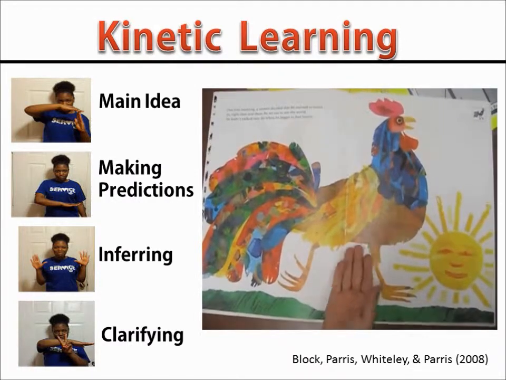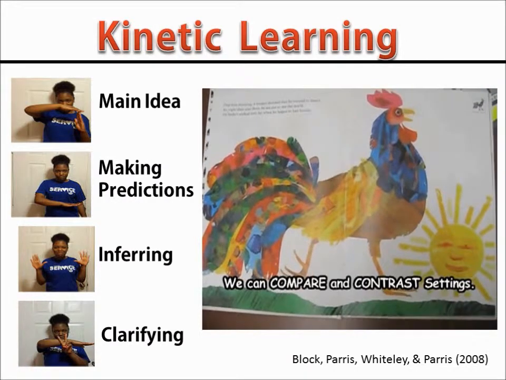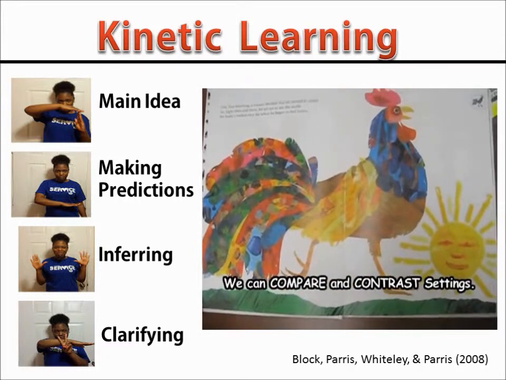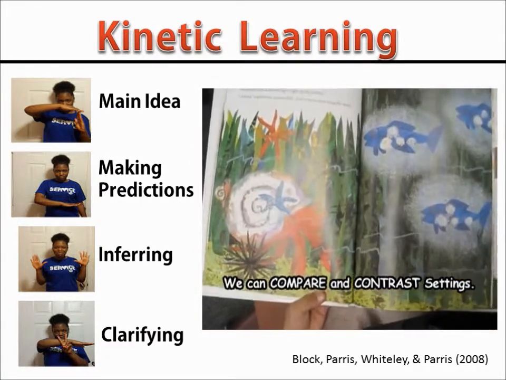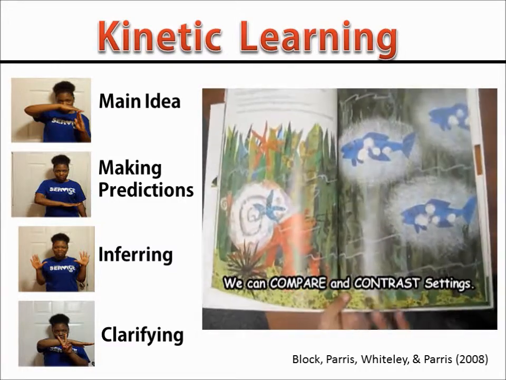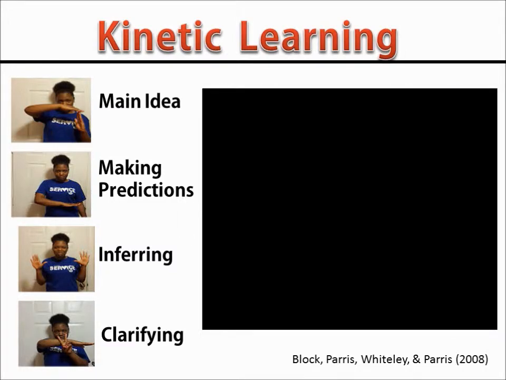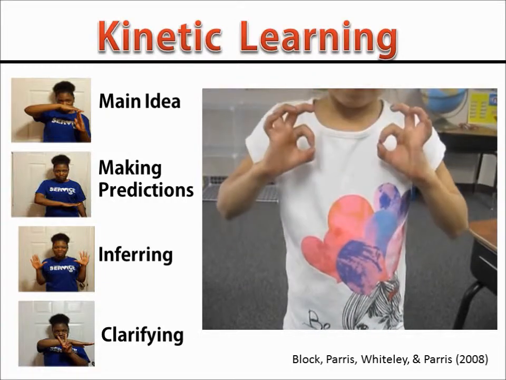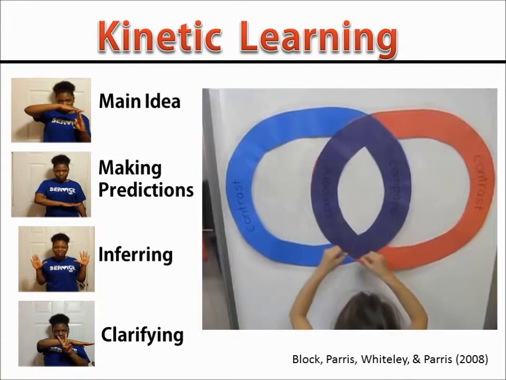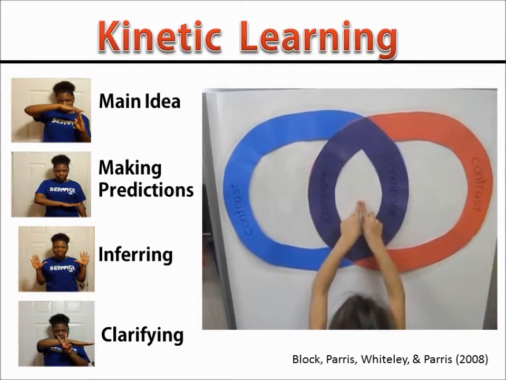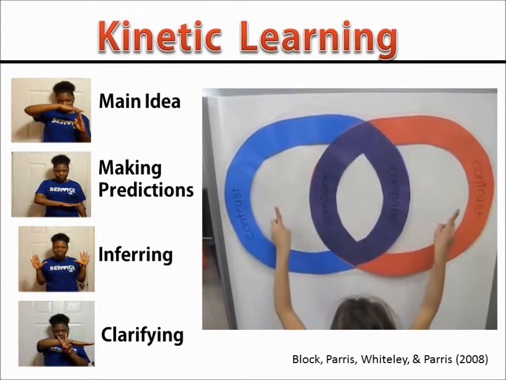I can contrast the setting of these two stories because this one takes place on land and this story's setting is underwater. Compare and contrast. If they're alike, they go in the middle, and if they're different, they go on the sides.